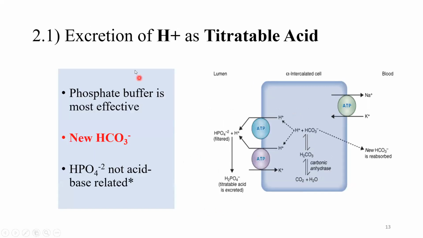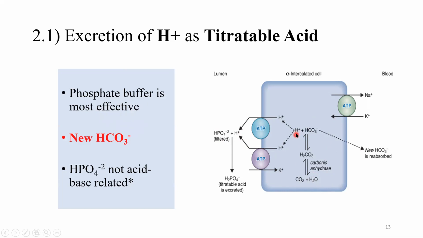So number two was excretion of hydrogen as a titratable acid. No big issues here. The phosphate buffer system is a very effective buffer system in the sense that it's very efficient in its titration of hydrogen. Where does this hydrogen come from? You remember now, it's again the same reaction going on inside the alpha intercalated cell, which you know is part of DCT.